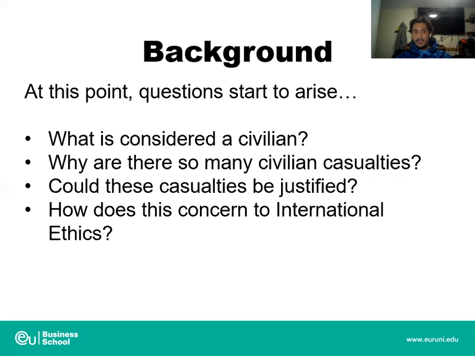Following up that question, why are there so many civilian casualties? Well, civilian casualties usually come as a result of a concept called double effect. The double effect says that those deaths are a harm that states have to take in order to achieve a greater good. When there is a conflict, civilians are constantly exposed to danger and hazardous situations.